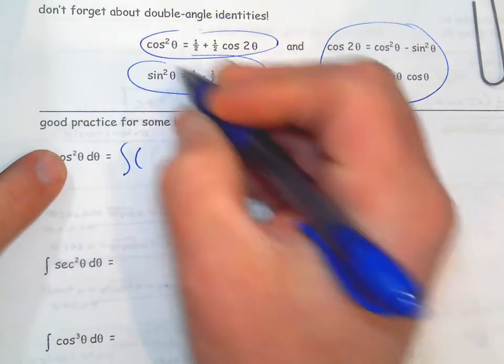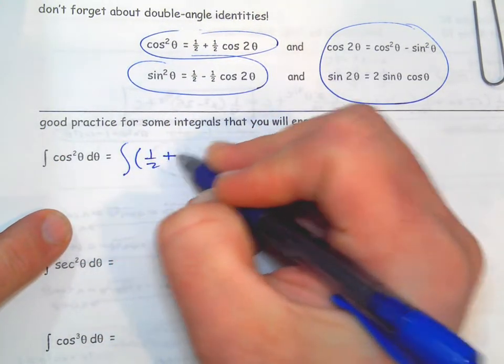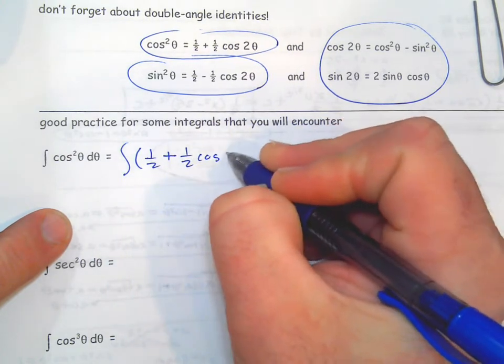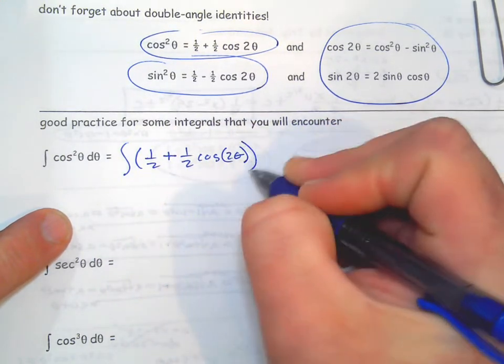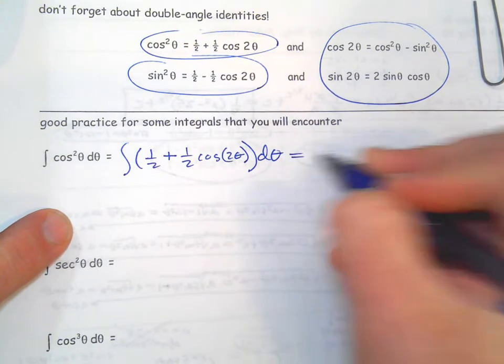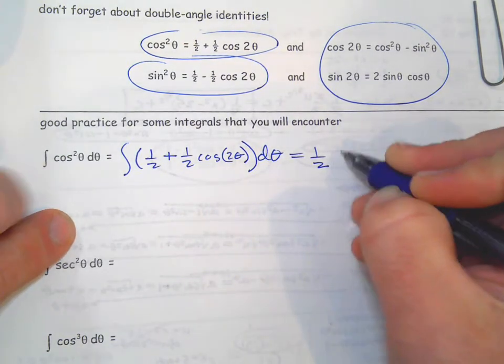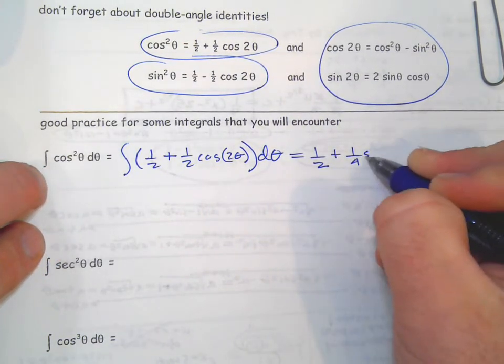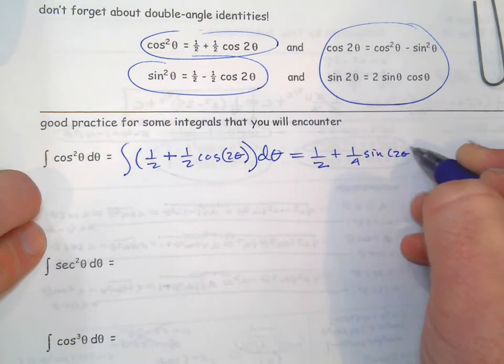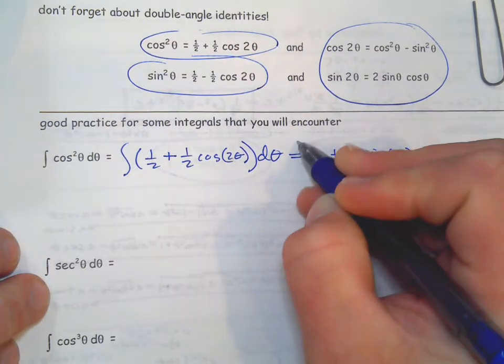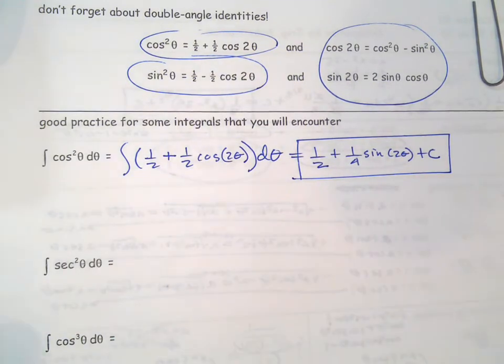You'd say, well, let's change this to 1/2 plus 1/2 cosine double angle. And then the answer here is 1/2 theta plus 1/4 sine 2 theta plus c. So you might need to use something like that.